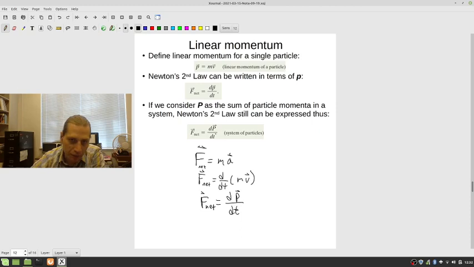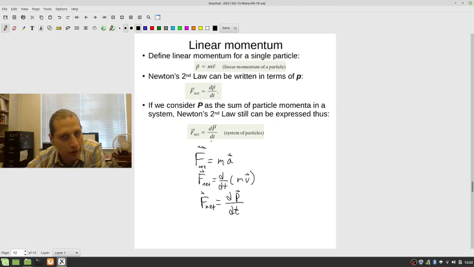The thing that's a little bit good about this is that if we add up the m times v of all of our particles, it turns out that we're going to be able to have this F net equals how the m times v is changing for all of your particles.